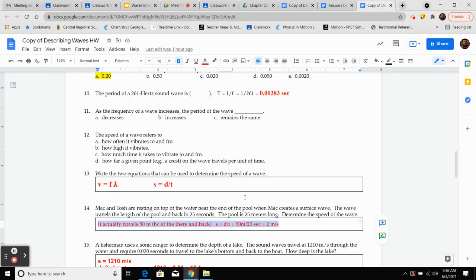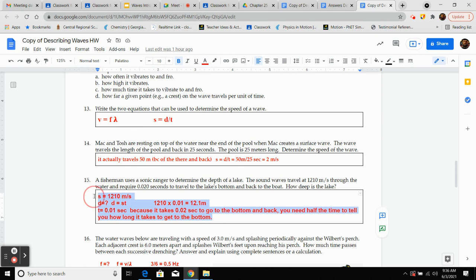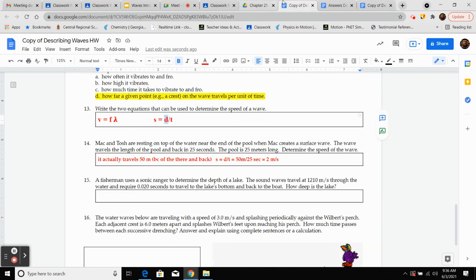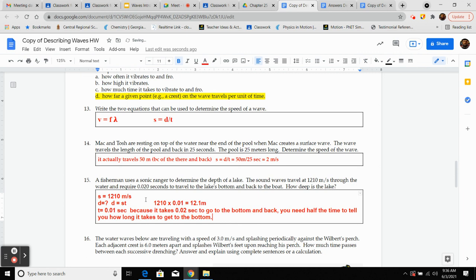Well, what actually is going to be going on with this one is, we have speed. We're not sure what the distance is. So we're doing speed times time. The time they give us is the time it takes to go there and back.